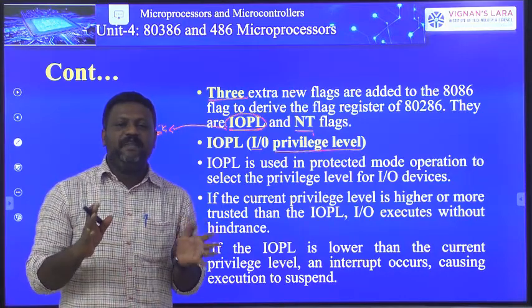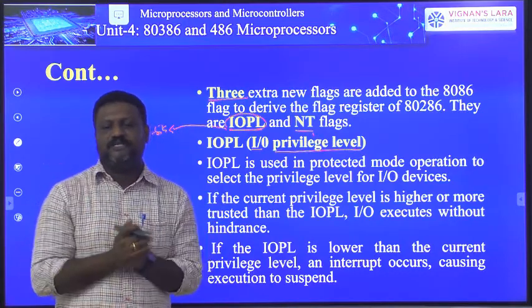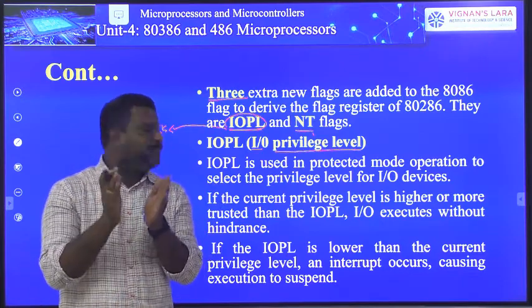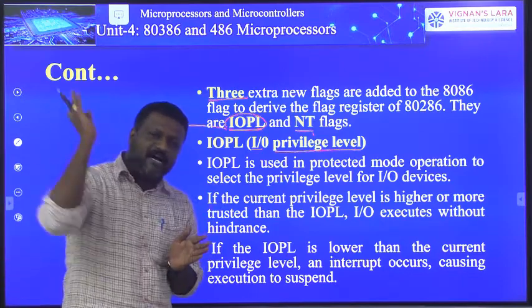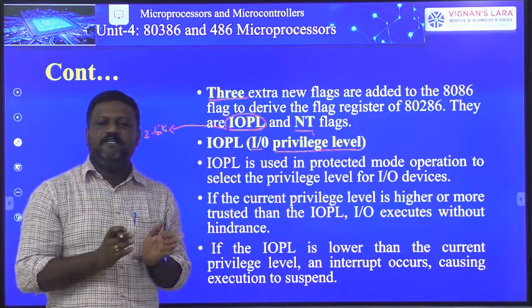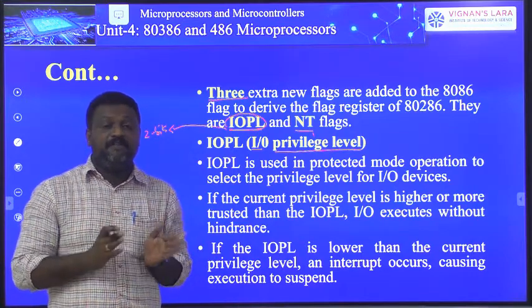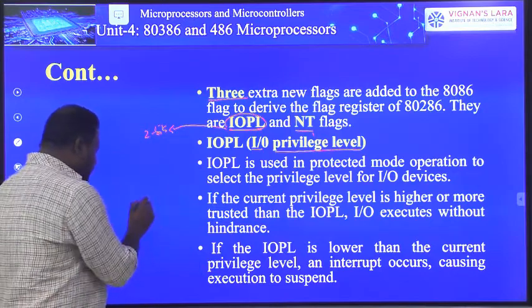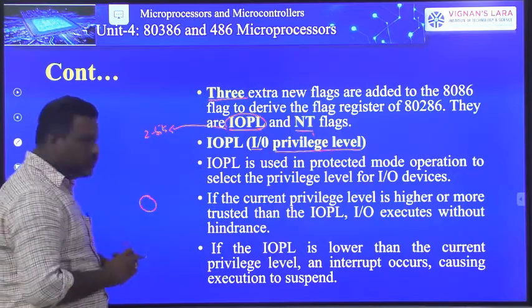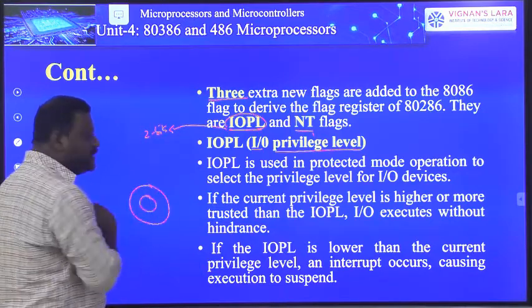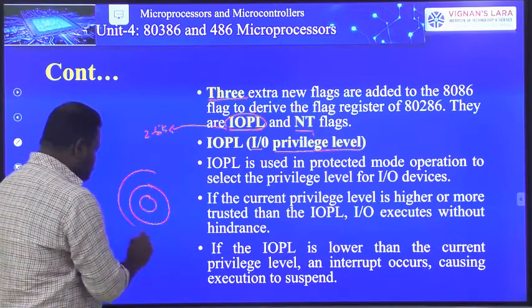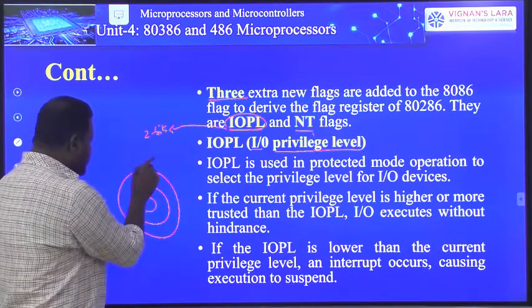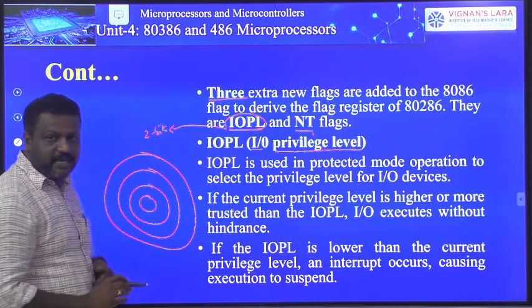Basically, these privilege levels provide protection to us. So IO privilege level 0 always has the highest priority, and IO privilege level 3 has the lowest priority. Why? Because if you take this as privilege level 0 area, this as privilege level 1 area, this as privilege level 2 area, and this as privilege level 3 area.